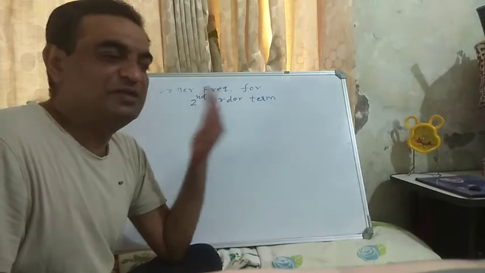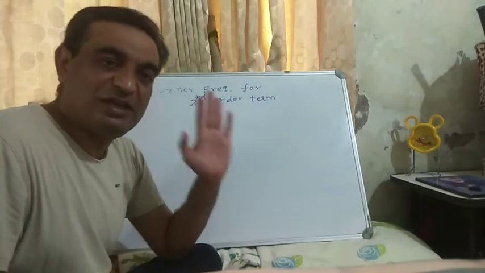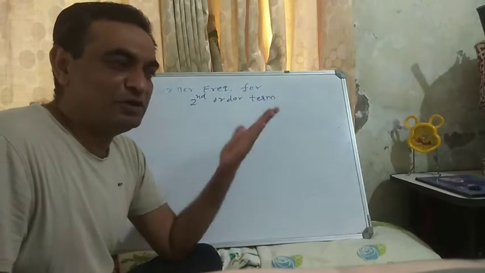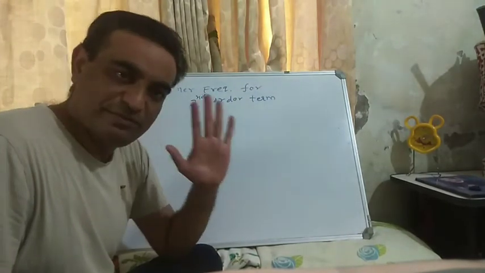If the first order term is in the denominator, then also the corner frequency is 1 by tau. It means that corner frequencies are contributed from poles as well as from zeros.